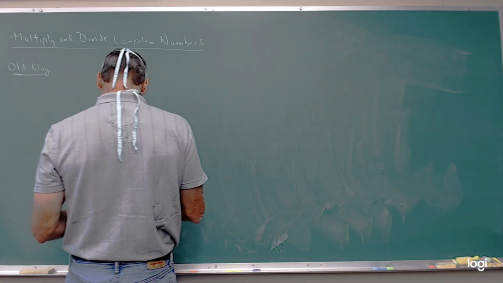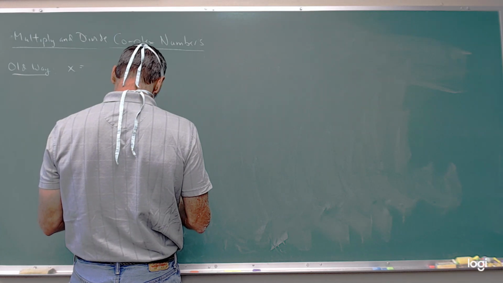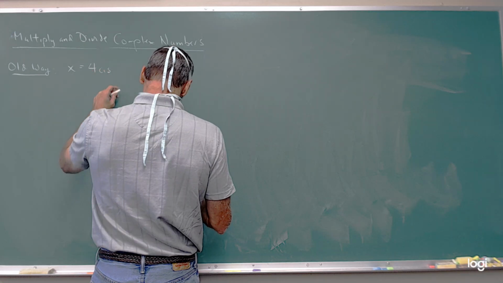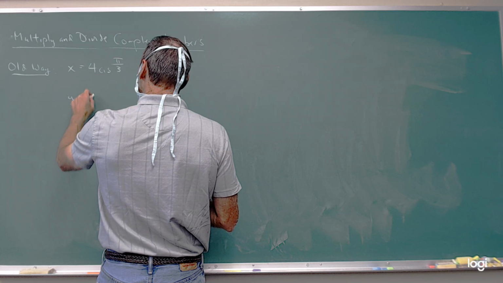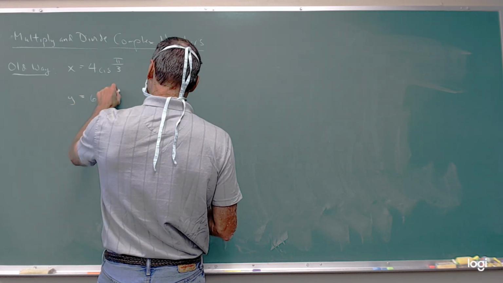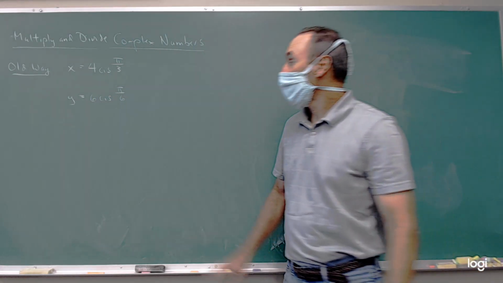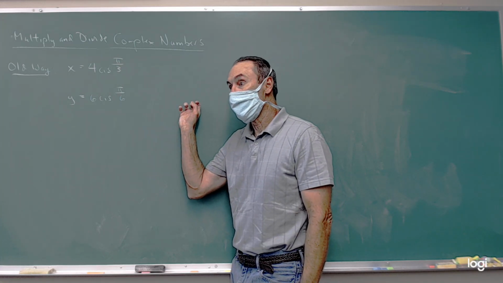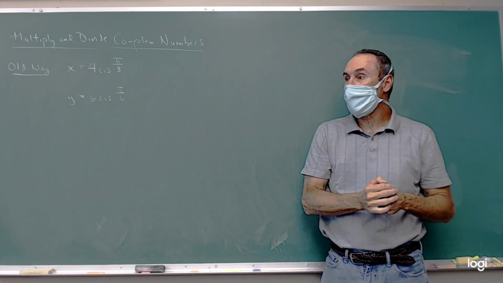So let's say that x is 4 cis pi over 3, and let's say y is 6 cis pi over 6. To do this the old way, we'll convert these to rectangular form, a plus bi. Then we'll brute force multiply those out.